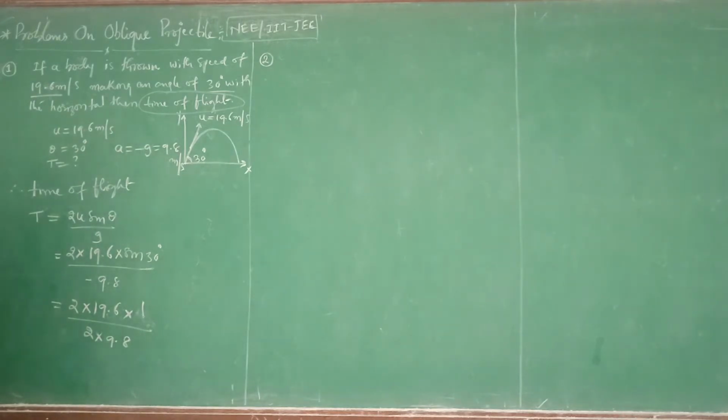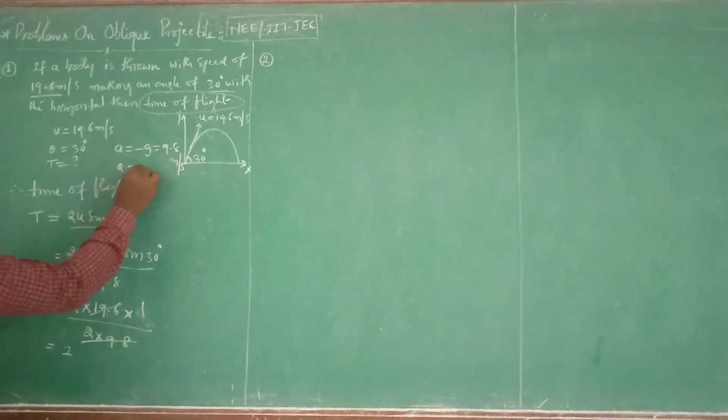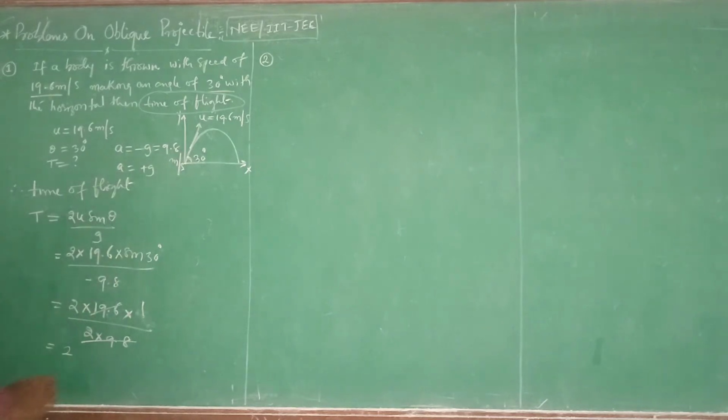Do you know this is 19.6 and this is 2 into 9.8? So 19.6 gets cancelled, and this one is 2. If it is going up, a equals minus g. If it comes down, then a equals plus g. Here, what is the time of flight? T equals 2 seconds.